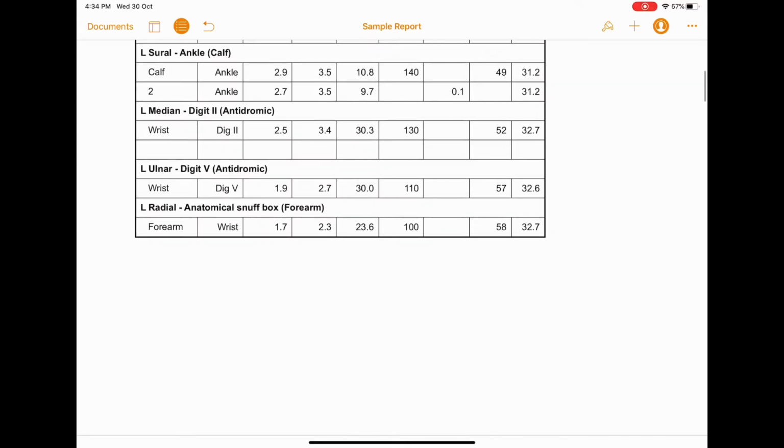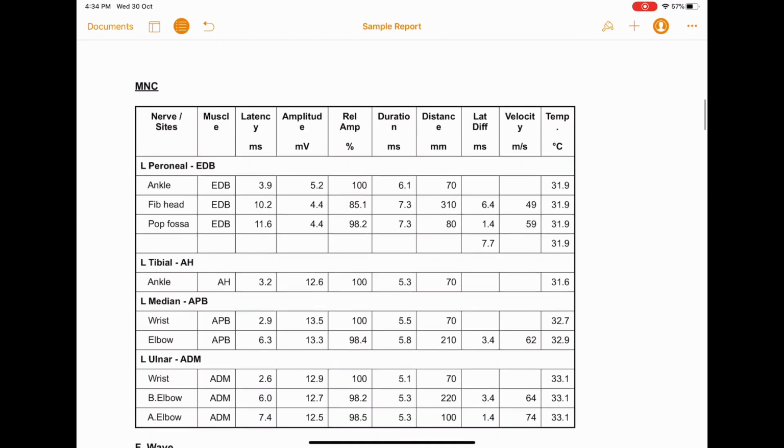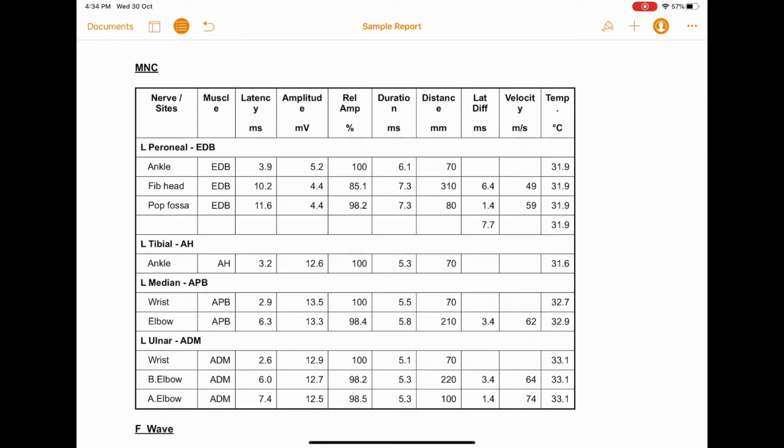Okay, let's go down and see what else we have. Now we come to motor nerve conductions. For motor nerves, as I was telling you earlier, we have CMAPs, which is compound motor action potentials. For CMAPs, similar to the sensory nerve action potential, when you stimulate and record from G1, the time period is the distal latency.